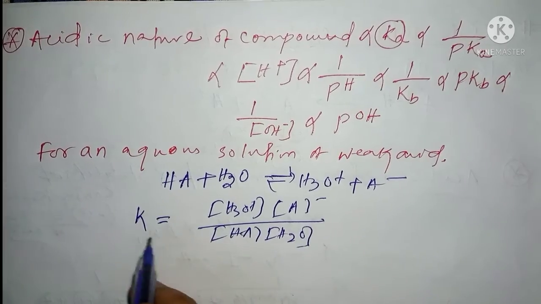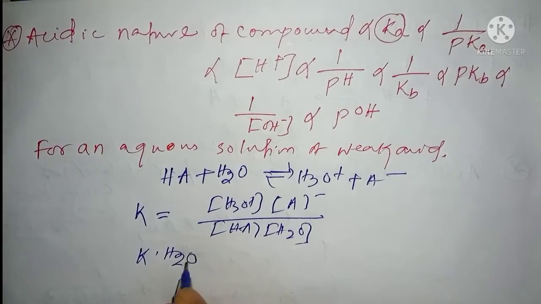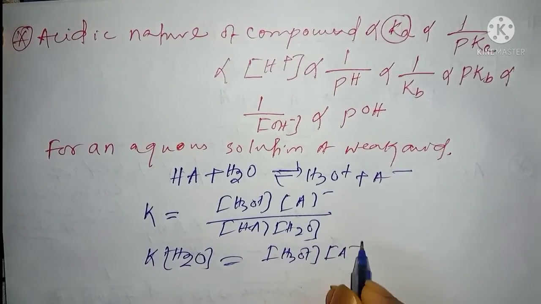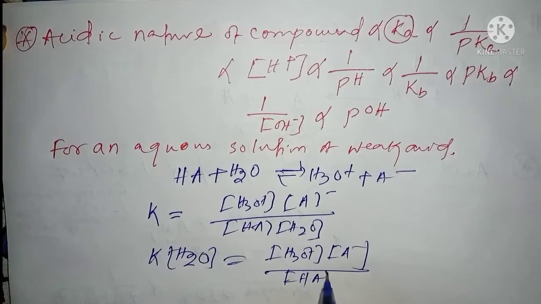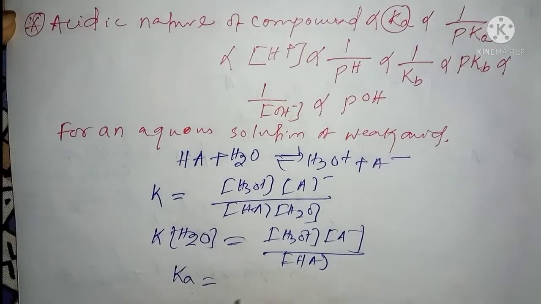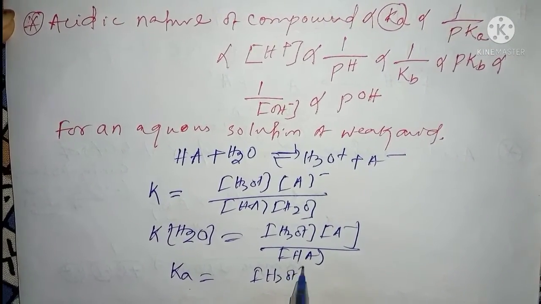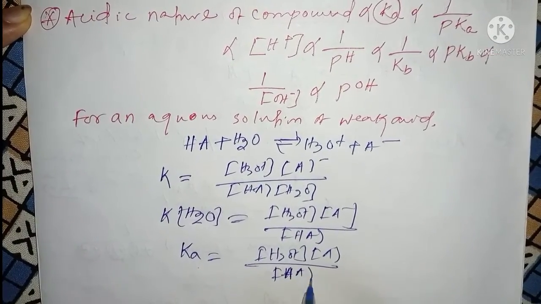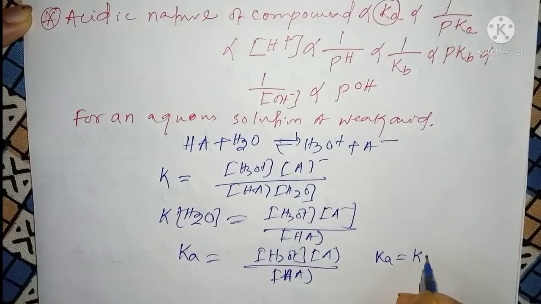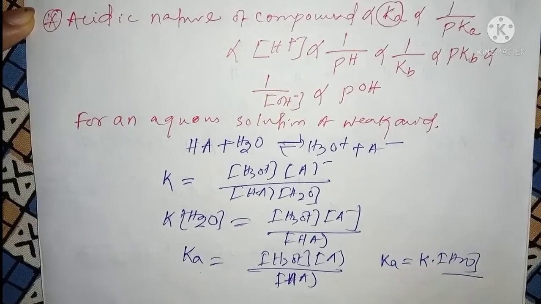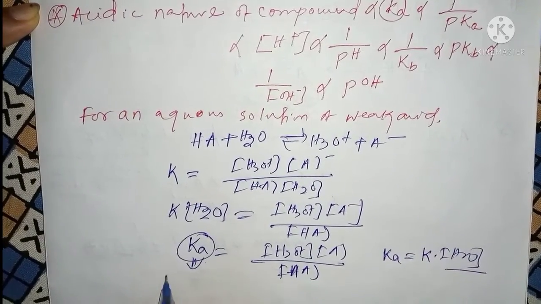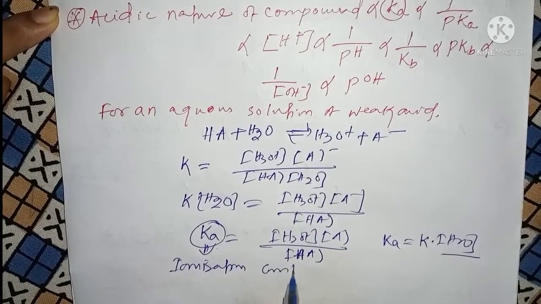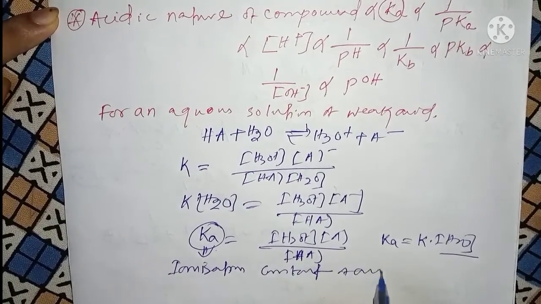Multiplying K by H2O gives H3O plus A minus by HA. This is the Ka, so Ka equal to K into H2O concentration. Ka is called the ionization constant or dissociation constant of acid.